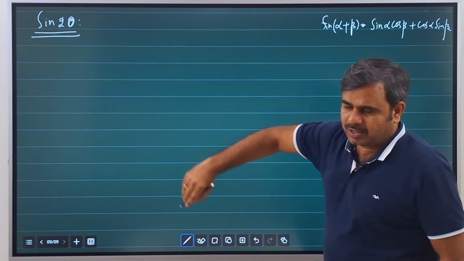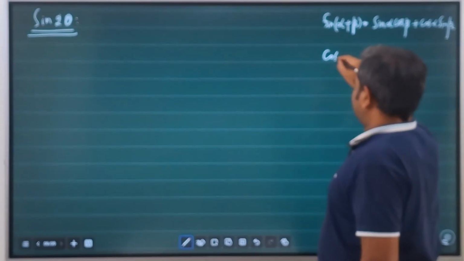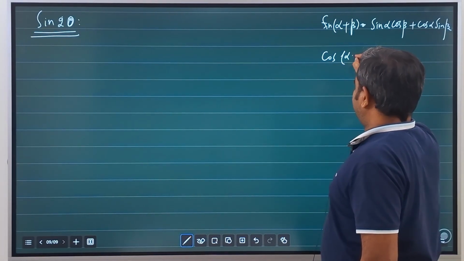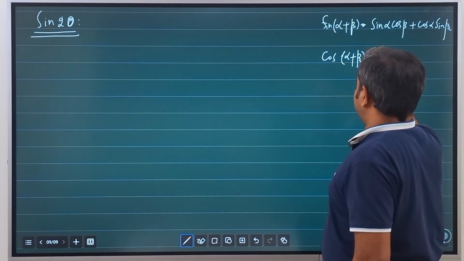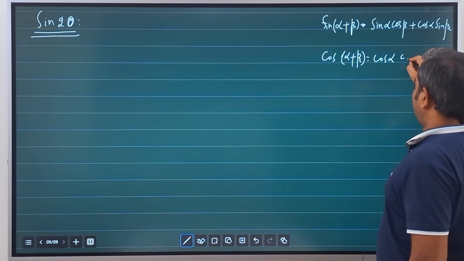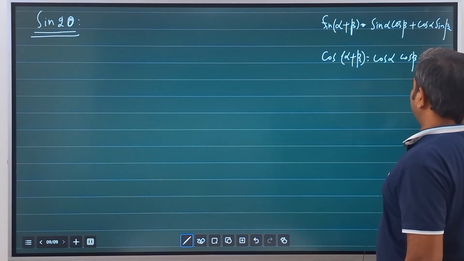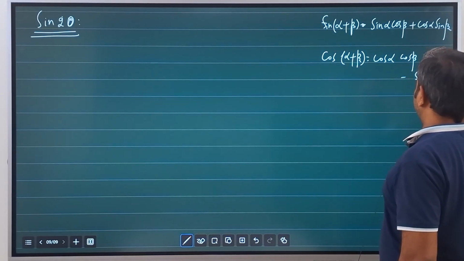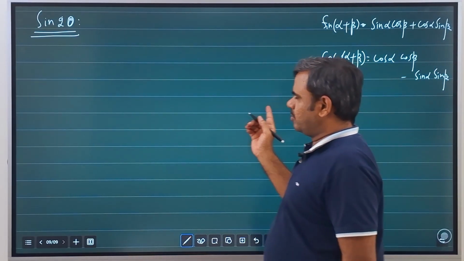And similarly, we will also write cos 2 theta later. So we will use cos alpha plus beta is equal to cos alpha into cos beta minus sine alpha into sine beta. These two identities we are going to use here.